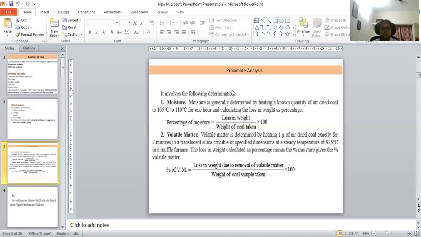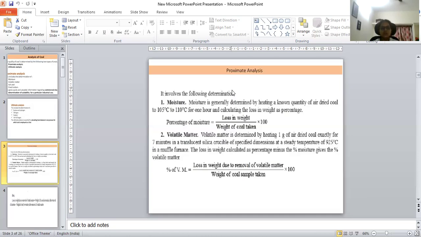It is necessary to analyze the coal sample so that the type of coal can be selected for a particular industrial use. So here we are analyzing the coal.